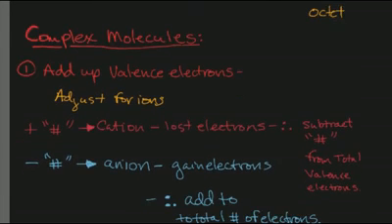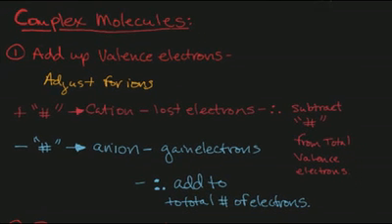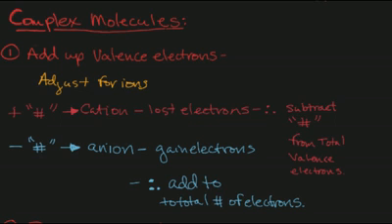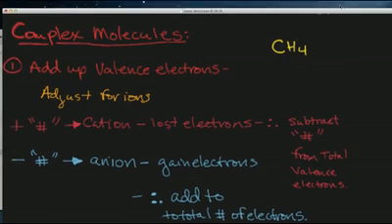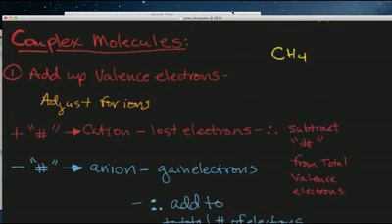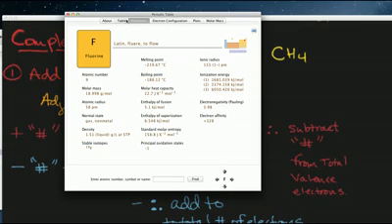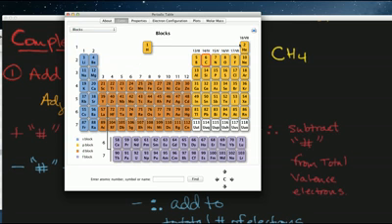All right, so if it's more complex than that, what do we do? Well, we first look at the periodic table and get the valence electrons for each element. Let's look at CH4, for instance. Carbon has 4 valence electrons because it's in the 4th group.